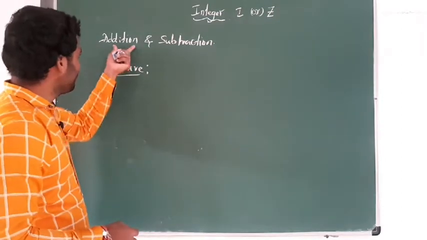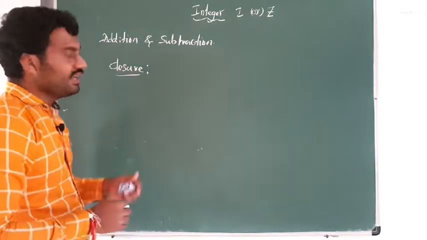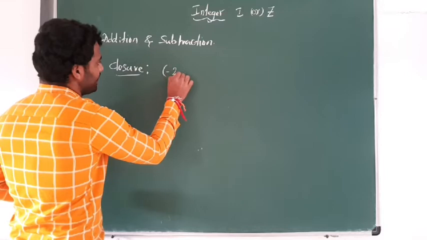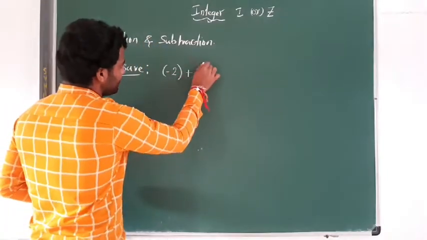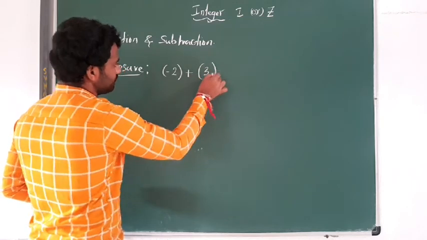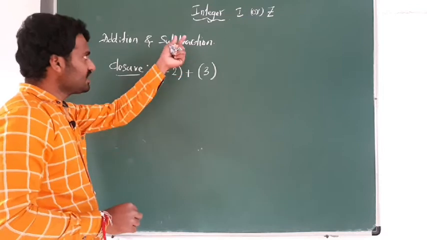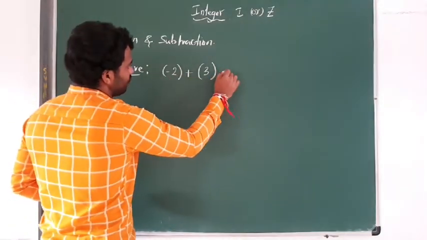First, closure property under addition. For that, what will I take? First, I will take minus 2 plus 3. Clear or not? Why? Because negative numbers also are in the integers. Minus 2 plus 3 is what?